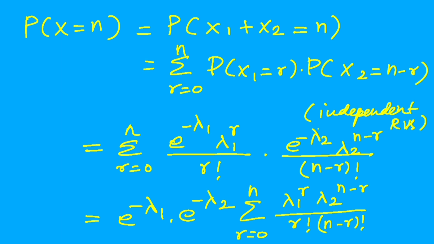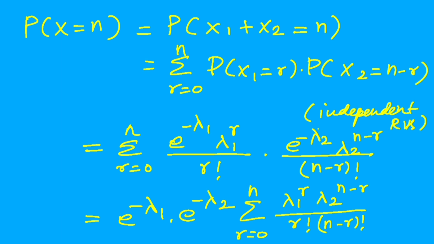Probability of capital X equal to n is nothing but probability of x1 plus x2 equal to n, which means the sum of probability of x1 equal to r and probability of x2 equal to n minus r, where r varies from 0 to n.